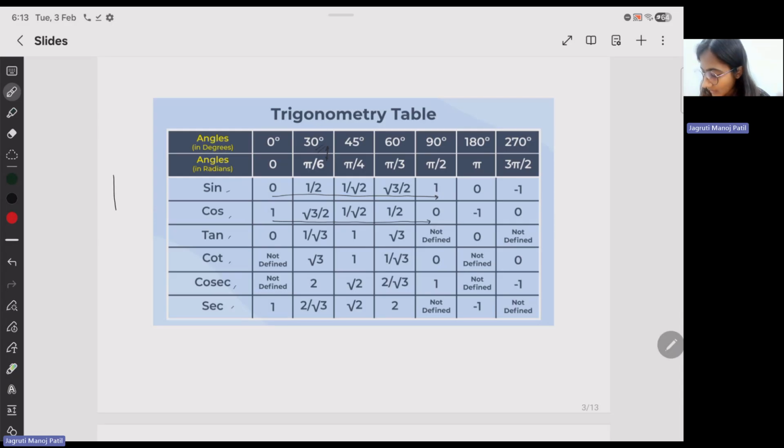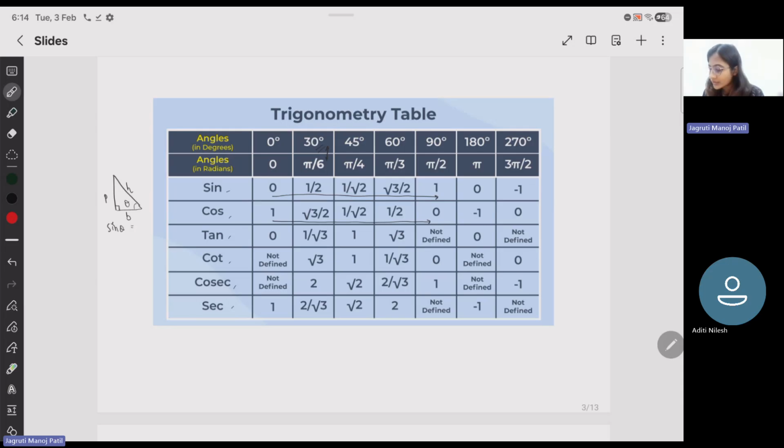If you have a right angle triangle, this is 90 degrees. If you take theta at this particular angle and want sine theta, let's give the sides some names: this is perpendicular, this is the hypotenuse, and let's say this is the base.